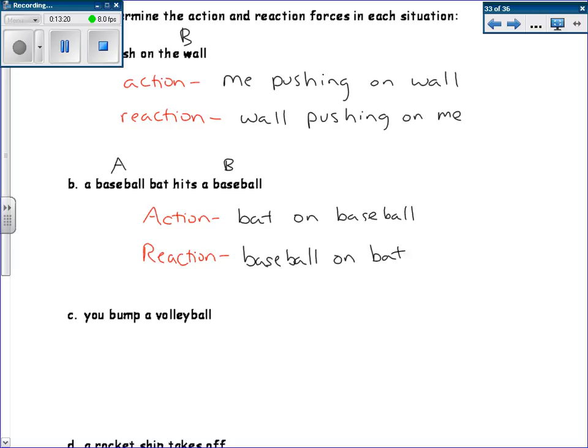Bat on ball, ball on bat. It's just a matter of picking what's A and what's B. Action force is A on B, reaction force is B on A.